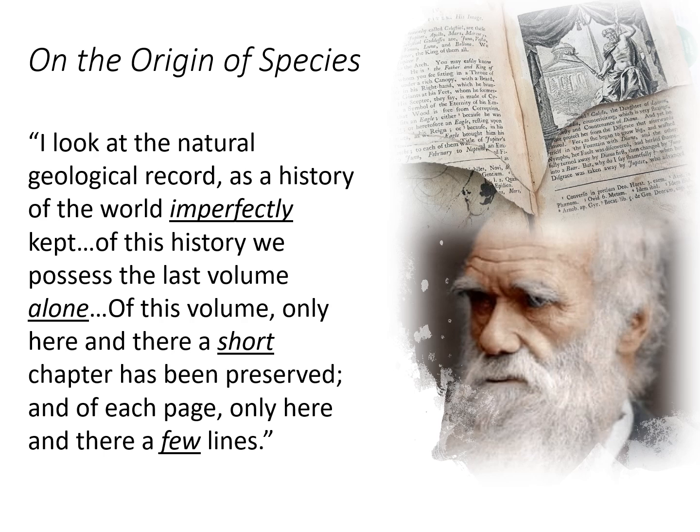Of this volume, only here and there a short chapter has been preserved. And of each page, only here and there a few lines. The fossil record has become a lot better in terms of our knowledge of it since Darwin's time, but this still pretty much captures the idea of how incomplete the fossil record is.